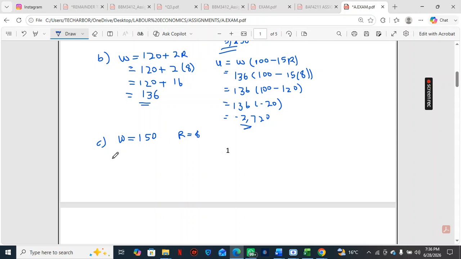Okay. So we're going to say U equals W times 100 minus 15R.